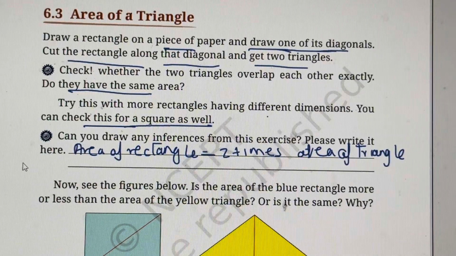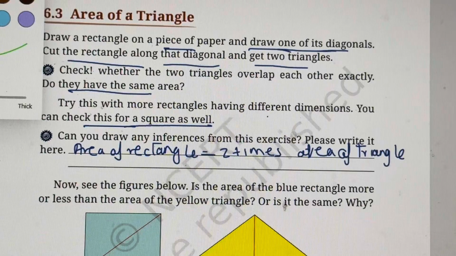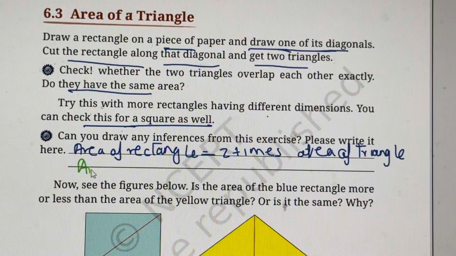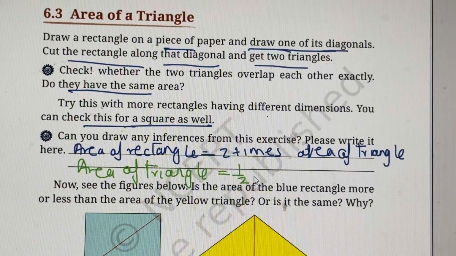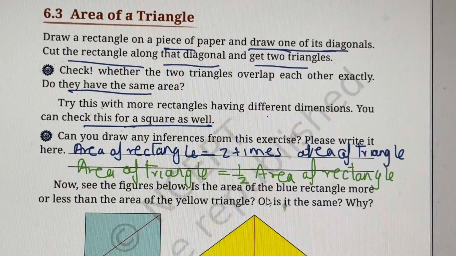Or we can say in other terms that area of triangle is half the area of rectangle. Fine, because we are learning how to find out the area of a triangle.